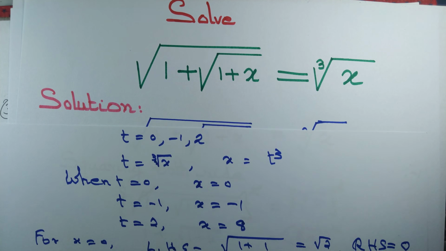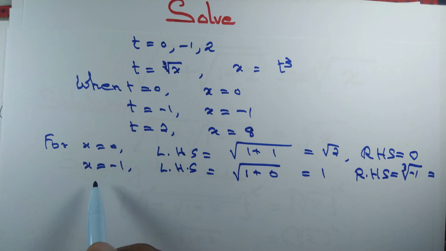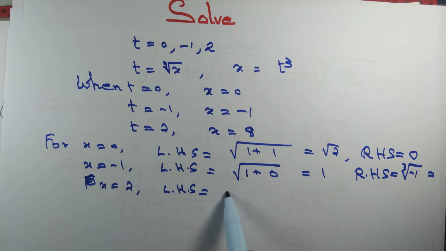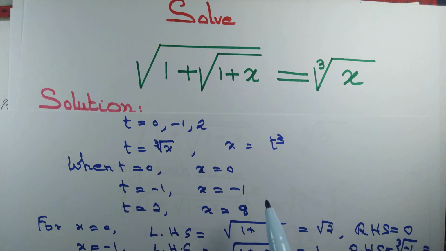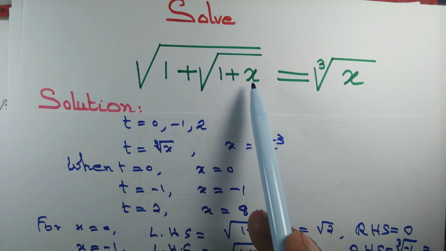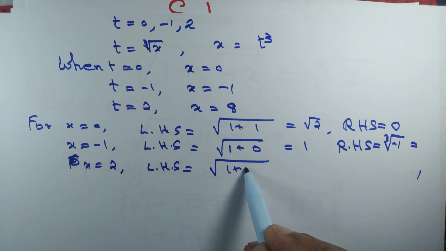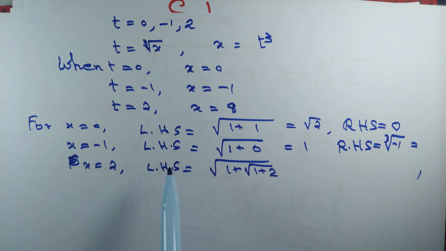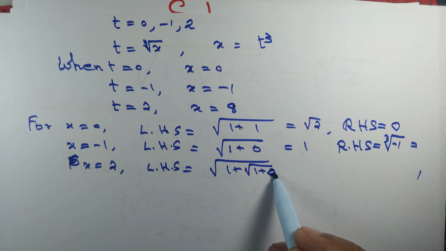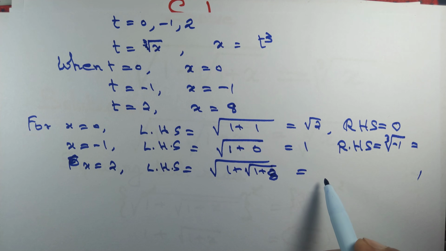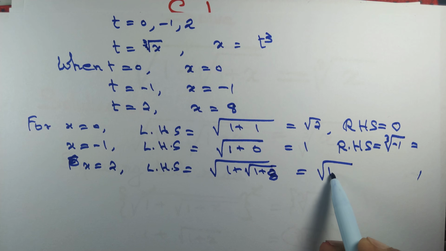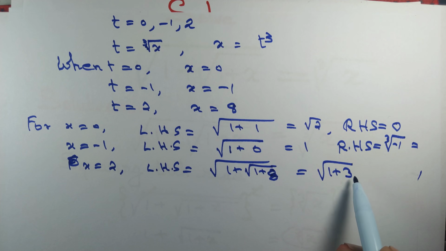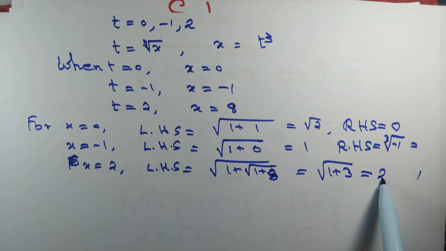For x equal to 2, lastly, LHS equal to square root of 1 plus square root of 1 plus 2. Oh, sorry, x equal to 8, right? x equal to 8, 1 plus 8. That's equal to square root of 1 plus root 9, which is 3, so square root of 4 is 2.